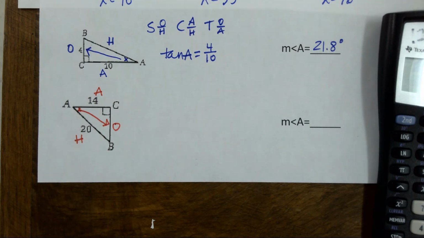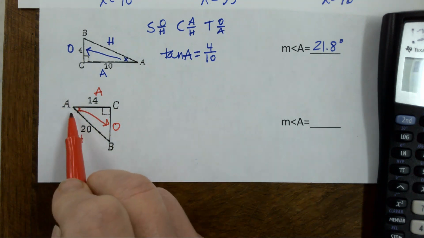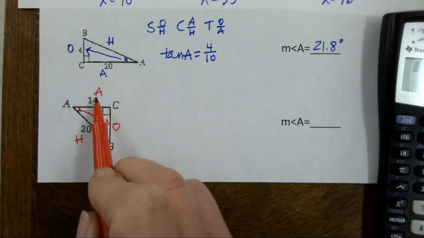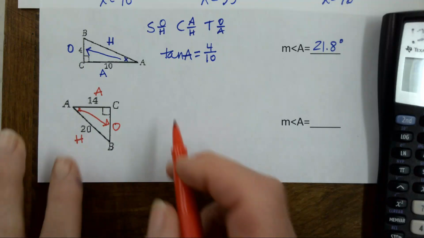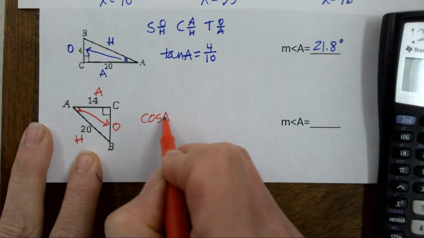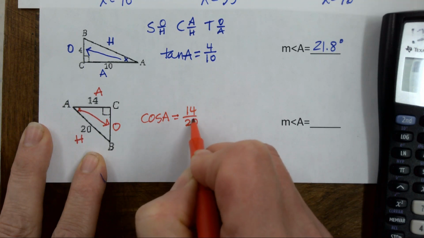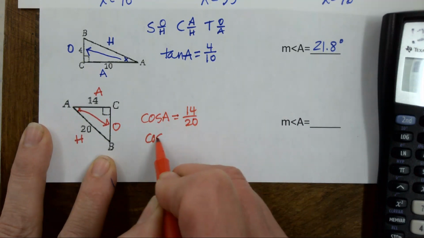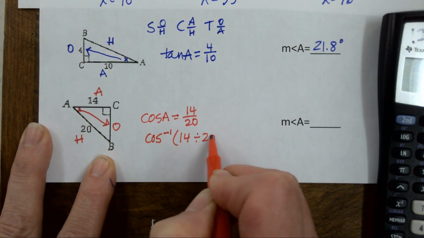And so from the angle A that I'm interested in, I have the adjacent and the hypotenuse, so which trig function will I use? Cosine. So the cosine of A is equal to 14 over 20. So in my calculator, it's cosine inverse of 14 divided by 20.